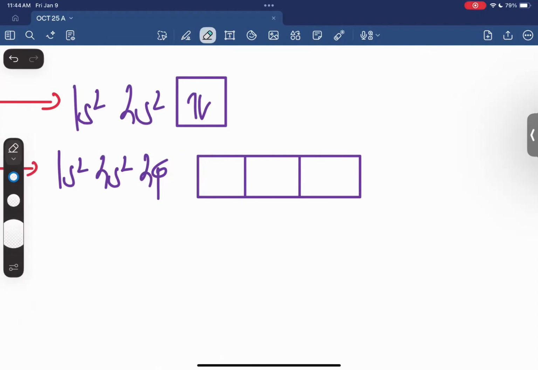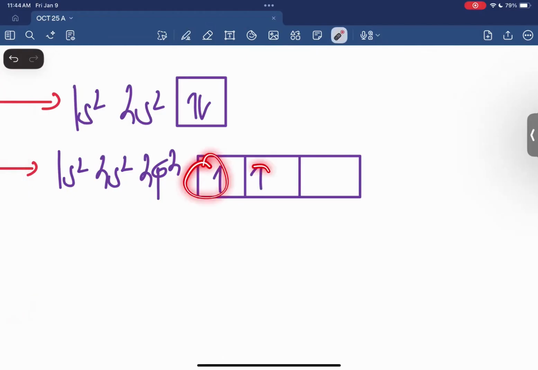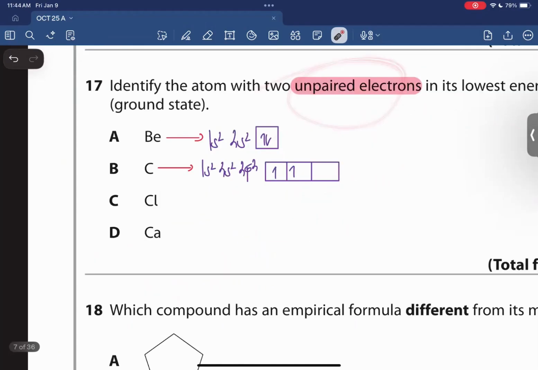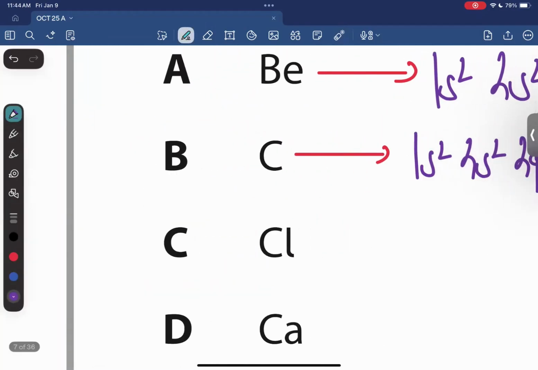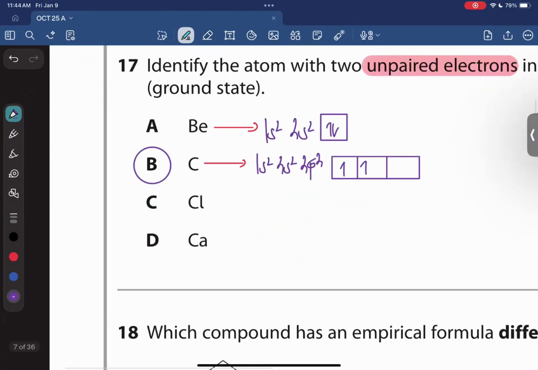Hold on. 6, so 2p2. Right? So this should be this and this, right? So we basically have two unpaired electrons. See, we have basically two unpaired electrons. So the answer should be B. Understood? It said that two unpaired electrons and hence carbon is our answer.